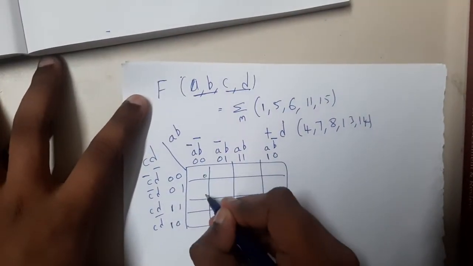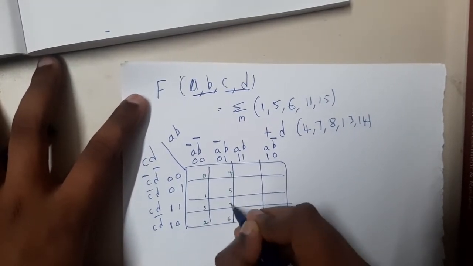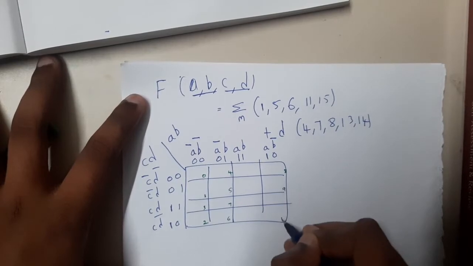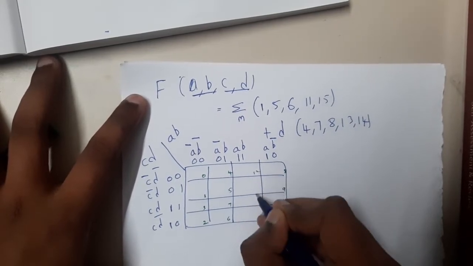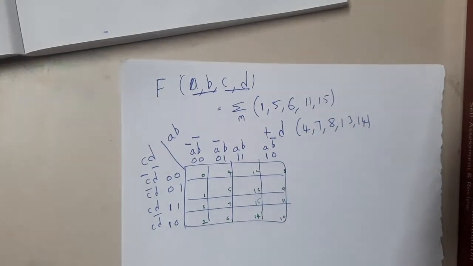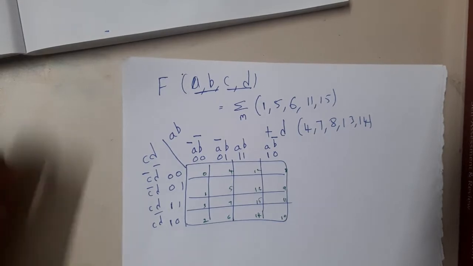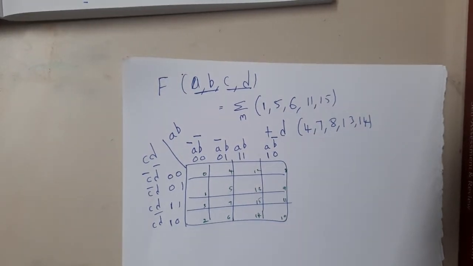So 0, 1, 2, 3, 4, 5, 6, 7, 8, 9, 10, 11, 12, 13, 14 and 15. So we have successfully numbered it. Once we have completed the numbering, let me take another color so that it will be clear for us.